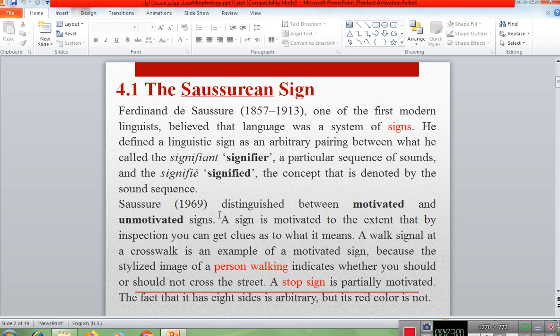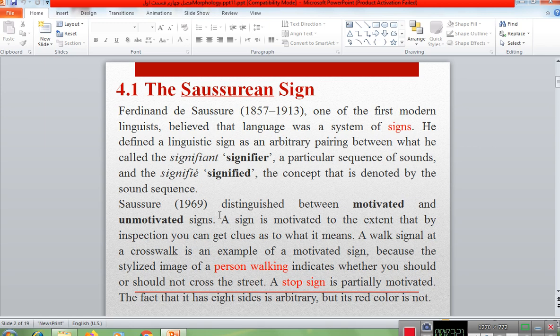But a stop sign is partially motivated. The fact that it is eight-sided is arbitrary, it doesn't have a direct meaning, but its red color is not arbitrary.